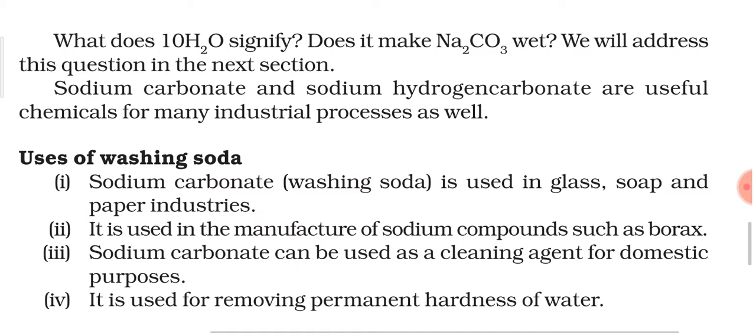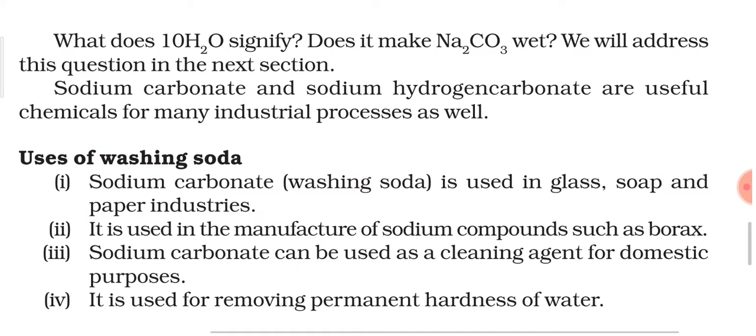Now sodium carbonate and sodium hydrogen carbonate are useful chemicals for many industrial processes as well. Apart from household uses, they also have a lot of industrial uses, like we have seen with bleaching powder, which has a lot of industrial uses in the textile industry, in paper factories, apart from its use in laundry.